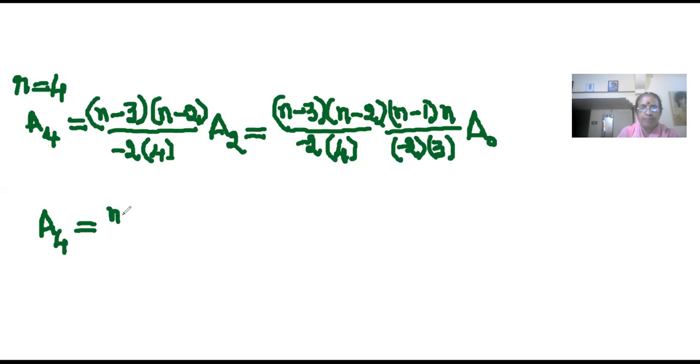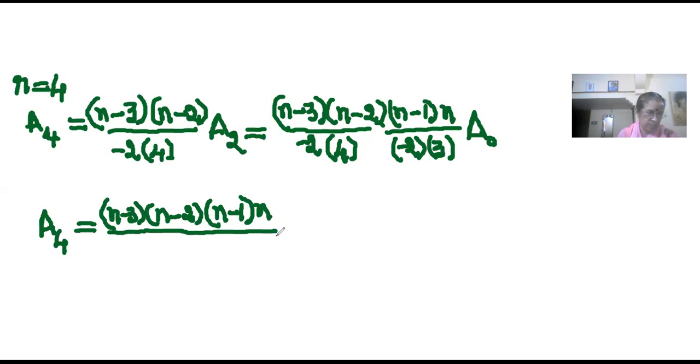N minus 3, N minus 2, N minus 1 into N. 4 terms are there, 4 factors starting from N minus 3, N minus 2, N minus 1 into N. Or we can also write N into N minus 1 into N minus 2 into N minus 3, like that also we can write.